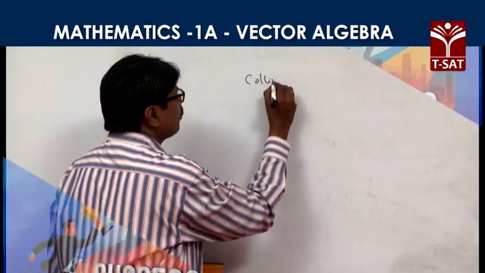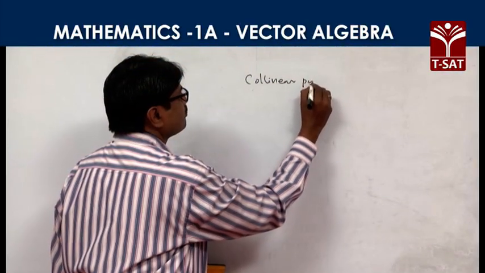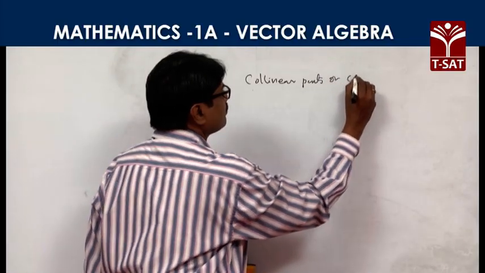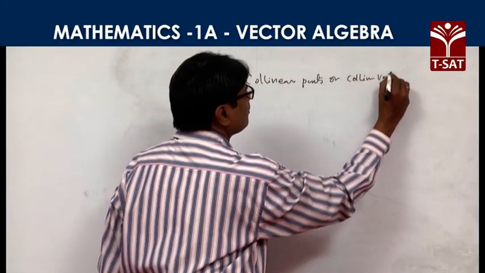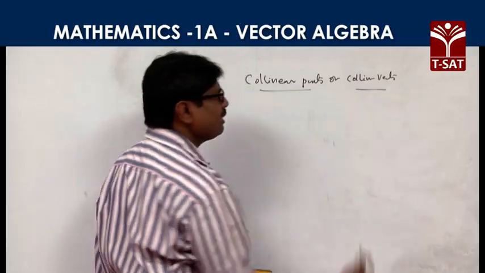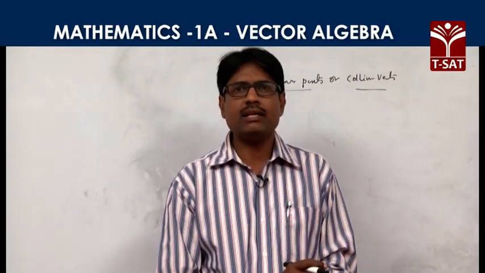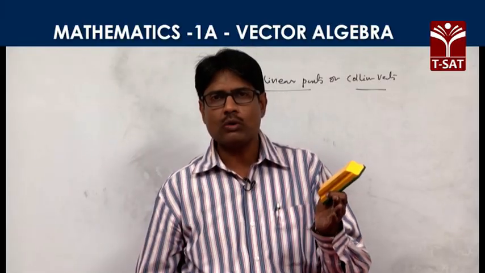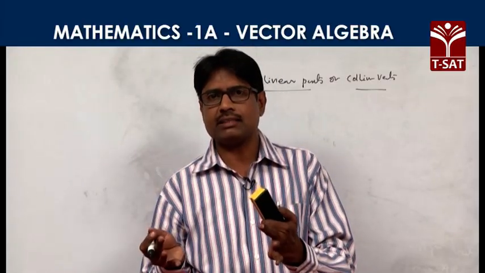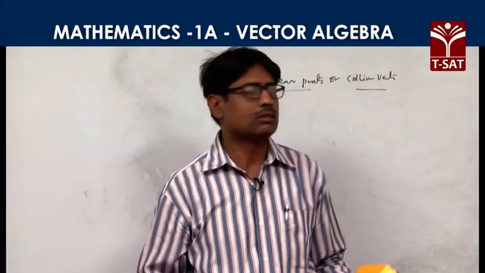Collinear points and collinear vectors. Vectors are said to be collinear vectors if they have the same line of action or parallel lines of action.